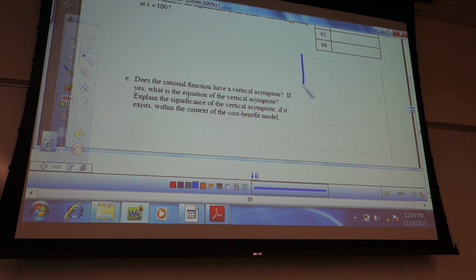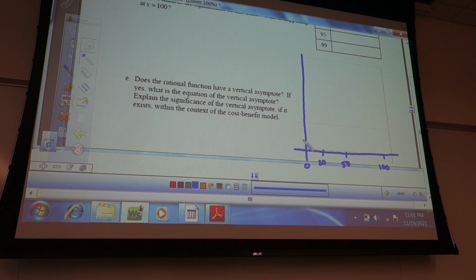I'm going to draw my little lines here and just focus on the positive one. I need to go from 0 to 100, so maybe going by tens: 0, 10, 20, 30, 40, 50, 60, 70, 80, 90, 100 would be right here.